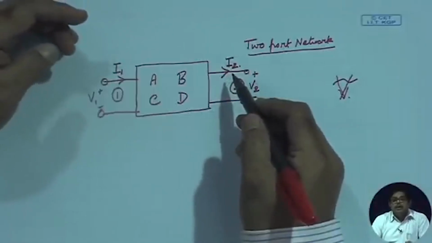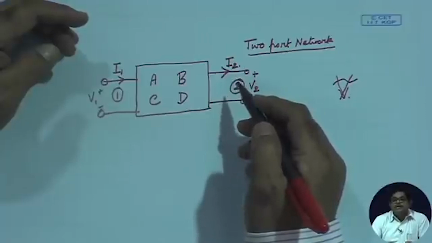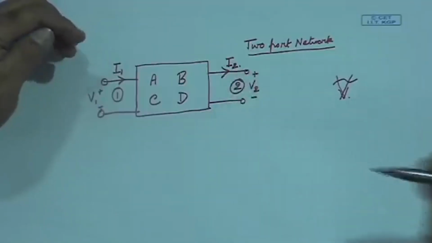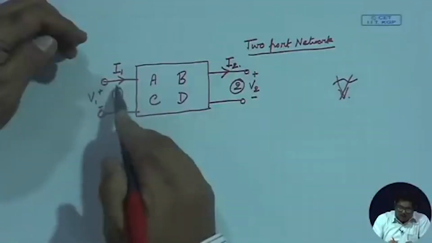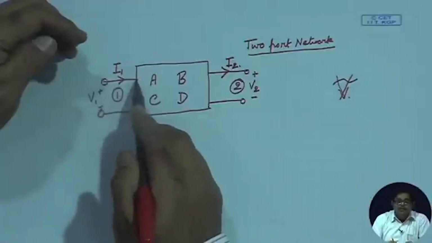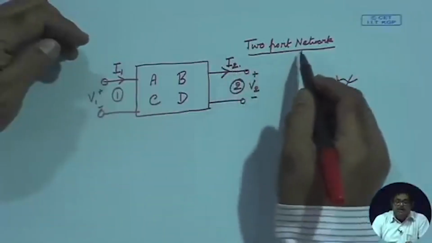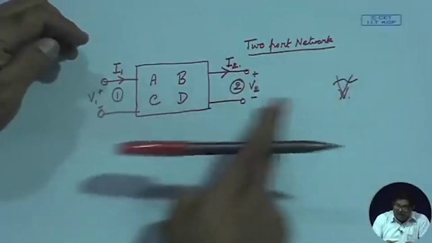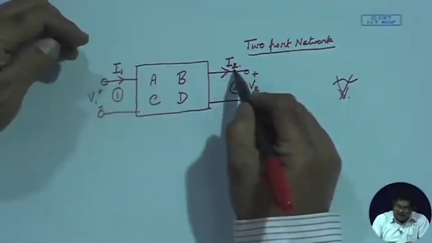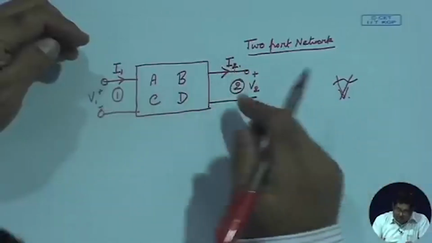Generally in all other two-port parameters Z, Y, H, G, etc., I1 is the current entering port 1, I2 is current entering port 2, but in transmission parameters, since actually the wave transmits like this, I2 is directed away from the port.